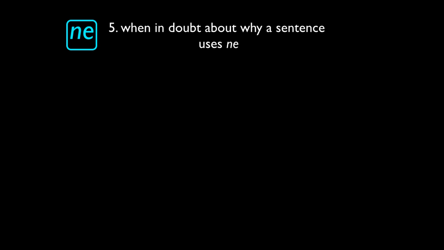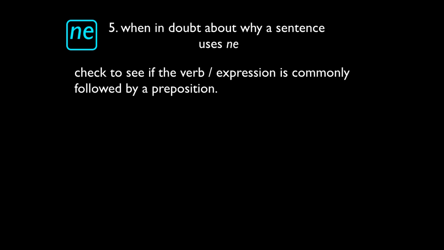Okay. Now the final circumstance that I wanted to talk about is whenever you're in doubt about why a sentence uses ne. Say, for example, you're looking at an expression like ne sono sicuro, and you're wondering, why does this expression have a ne in front of it? What could it be replacing?